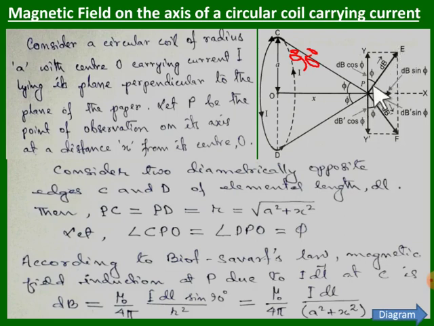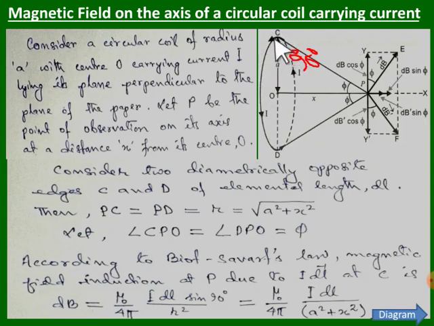Got it? This PE must be perpendicular to the plane containing this r vector and this IDL here. We have to take a small direction here, not the whole circular one.